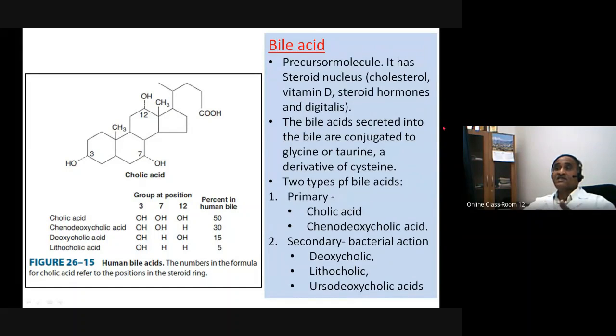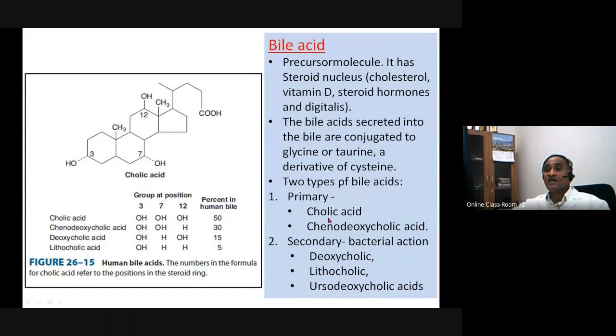Now the bile acids secreted into the bile are conjugated with the amino acids glycine and taurine, and this forms cholic acid glycinate or cholic acid taurate. Primary bile salts are synthesized by the liver, so they have not been altered.